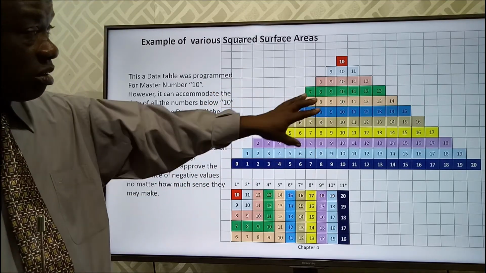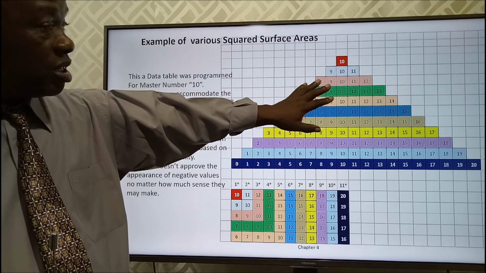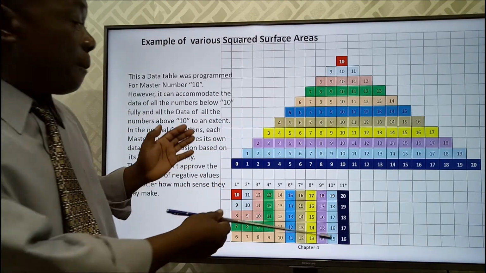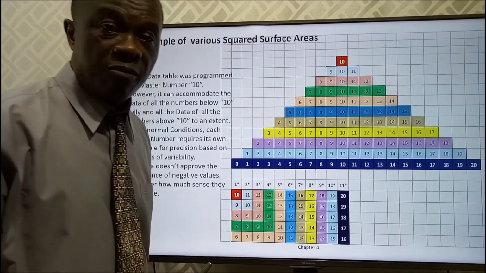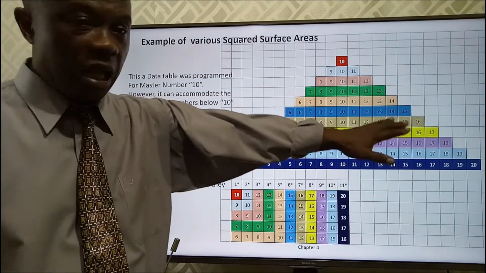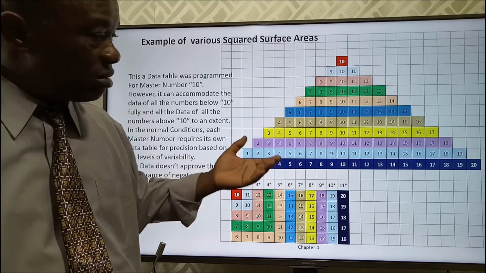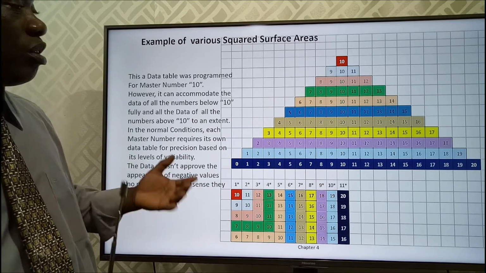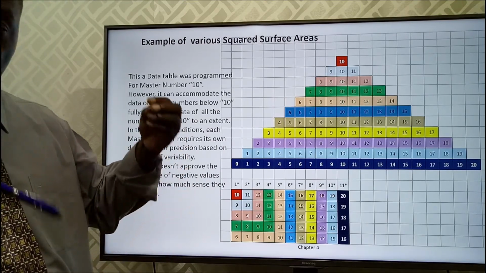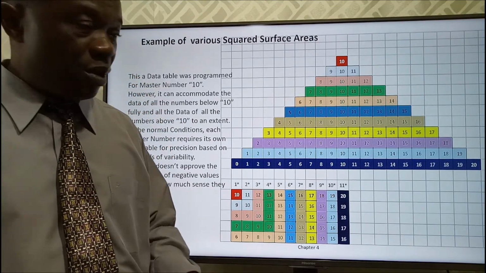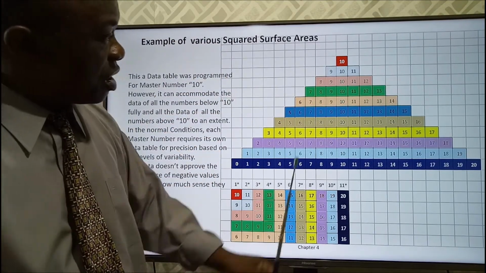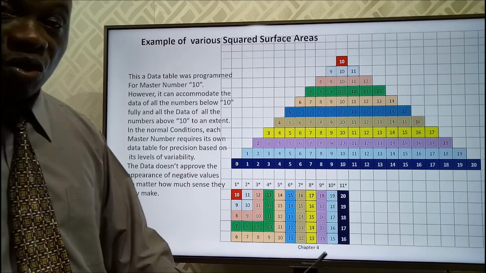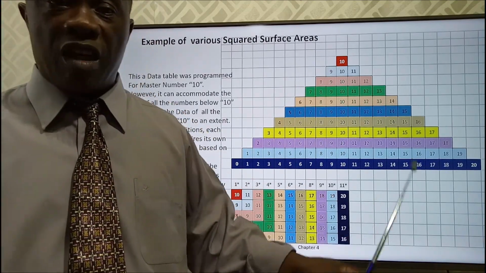You can also use this data for this table of 10 for bigger numbers, but you will be forced to use only up to 10 levels. So the values will appear normally, okay? But you are limited. You cannot see the whole data. So the best thing is you get a number, you go to the Excel program, then you program your table according to your number and the number of levels of variability.